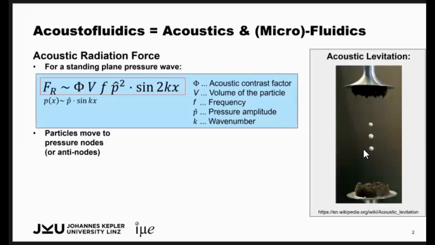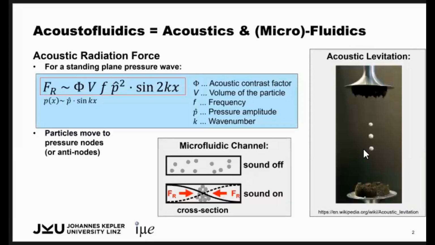And here important is the acoustic contrast factor. It tells you if the particle will go to either pressure nodes, which is the case in our experiment, or it can also go to the antinodes, so the slopes of the pressure curve. So in a microfluidic channel, you have the cross section here, so the channel is in this direction.